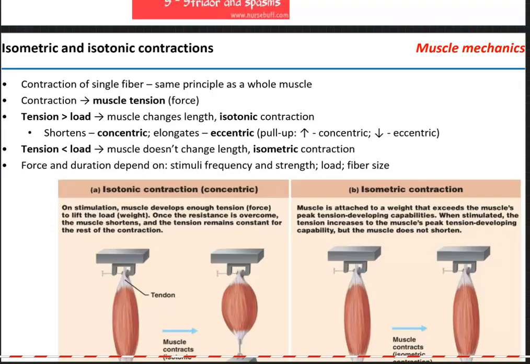Isometric and isotonic. When contraction is isotonic, it means that the tension, the force that the muscle produces, is greater than the load. When contraction is isometric, tension is lower than load, and it means the muscle doesn't change the length.